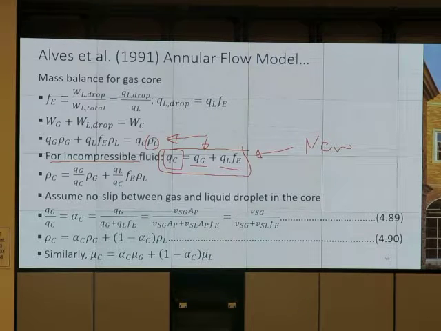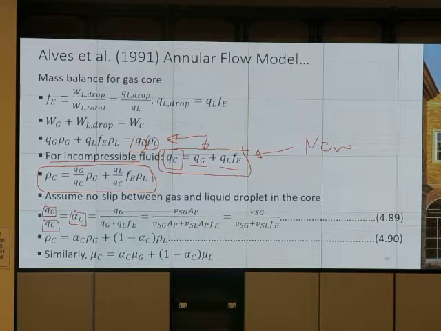Rho C, obviously, move QC over here: QG over QC rho G plus QL over QC FE rho L. So this is the equation for rho C. Assume no slip between gas and liquid droplet in the core. Okay, no slip means no slip liquid holdup is the actual liquid holdup for the core zone. So QG over QC is a void fraction, a no slip void fraction, correct?